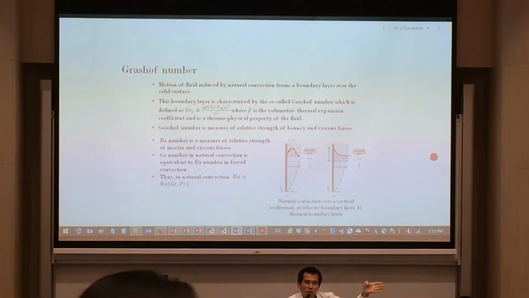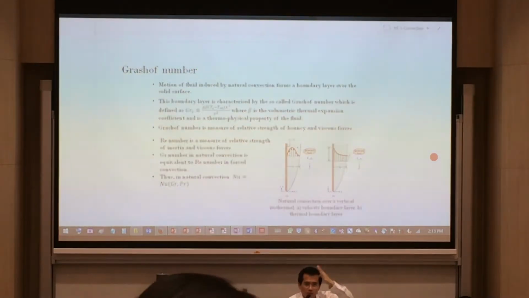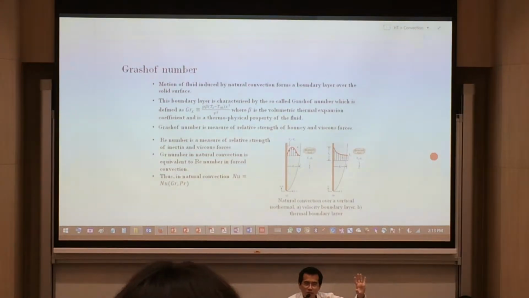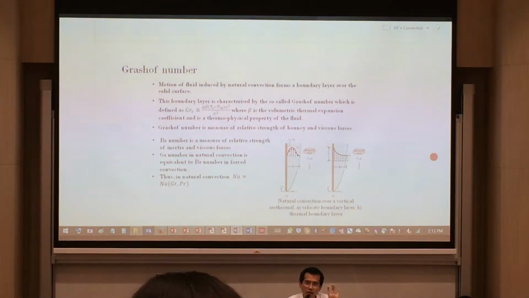If the Reynolds number is more than 5 times 10 to the power 5, that means the flow over the plate is known as turbulent flow. This laminar flow will use a different set of Nusselt number expression. This turbulent flow will use another set of Nusselt number expression. That is for forced convection.